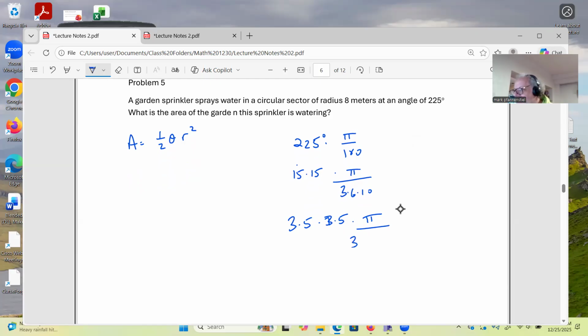And then we have 3 times 6, but instead of 6, I'm going to say 3 times 2, times 5 times 2 for 10. So 10 is really 5 times 2, and 6 is really 3 times 2. I do it this way because I want to cancel some stuff out. I have some 3s I could cancel, some 5s I could cancel, here's another 3 I could cancel. What do we have left here? We have 5 pi on the top over 4 on the bottom, 5 pi over 4. So that's my theta, 5 pi over 4.